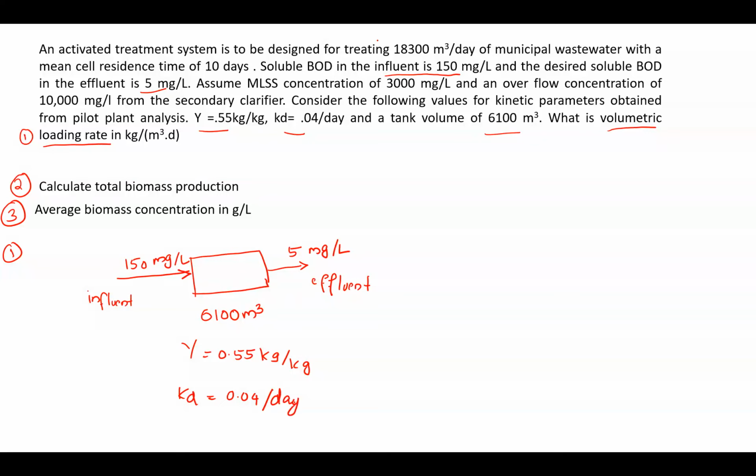The treatment system is designed for treating 18,300 meter cube per day. So this system treats 18,300 meter cube per day of wastewater. And the residence time is 10 days.